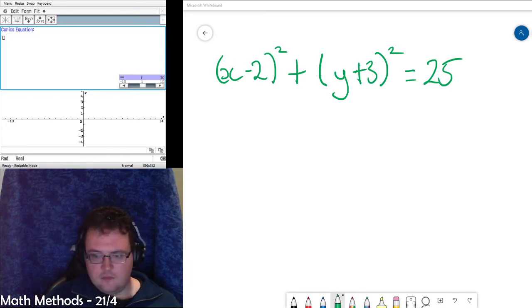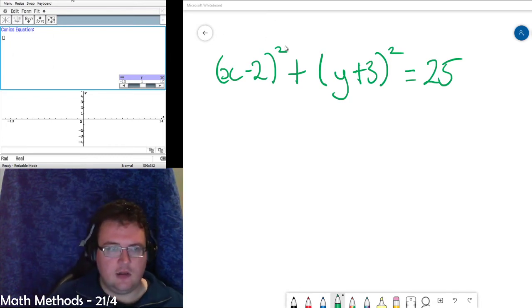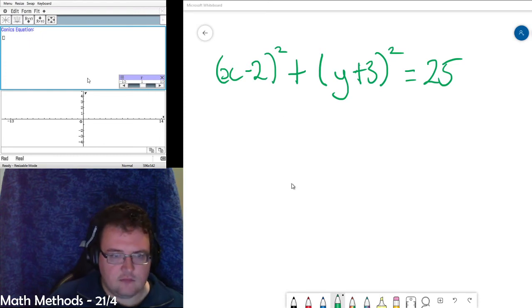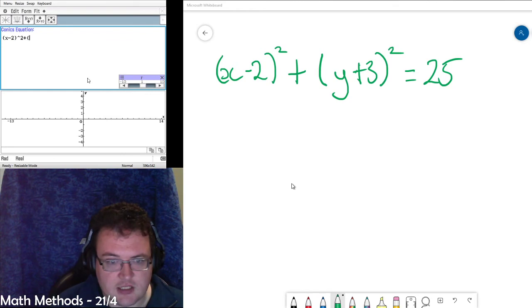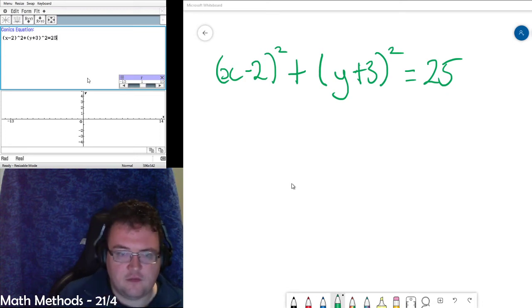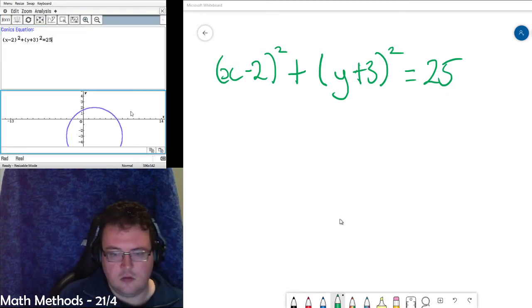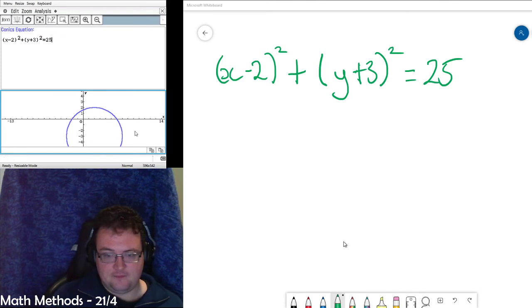All right. So on our CAS, let's just straight up try it. X minus 2 squared plus y plus 3 squared equals 25. And where is it?